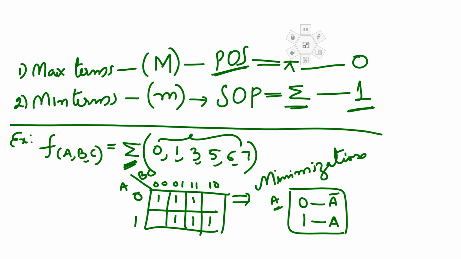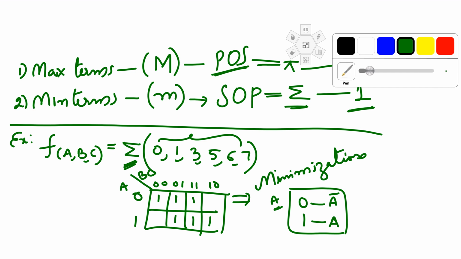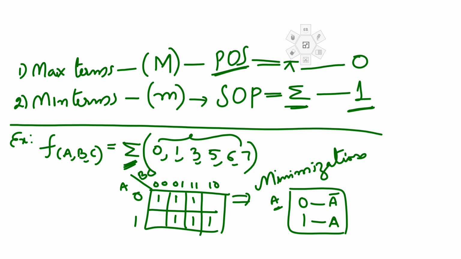Now I am trying to minimize this K-map. For that, I am trying to form pairs, and if possible, quads. Here there is a possibility of a quad. So I am writing the expression for this quad. These 4 cells are covered by these two addresses.